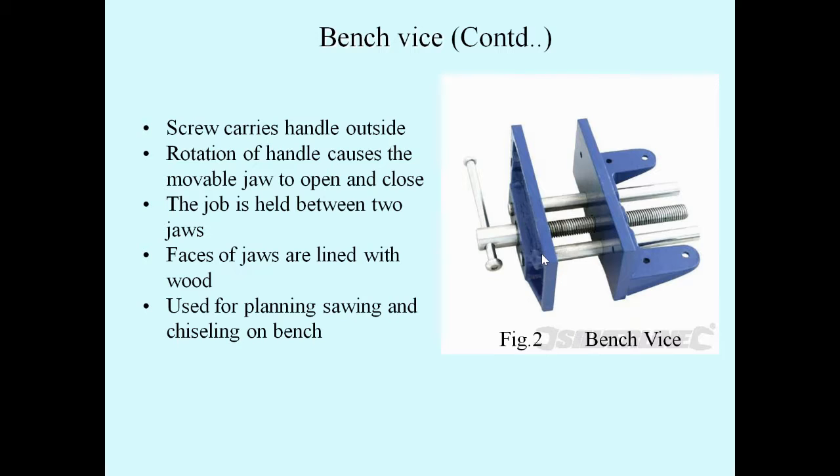If you want to perform a planing operation on the workpiece, you take the bench vise support and fix the work between these two jaws. It is also used while cutting, that is sawing, and for the chiseling operation on the bench.